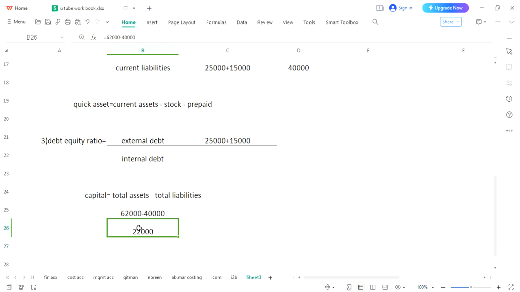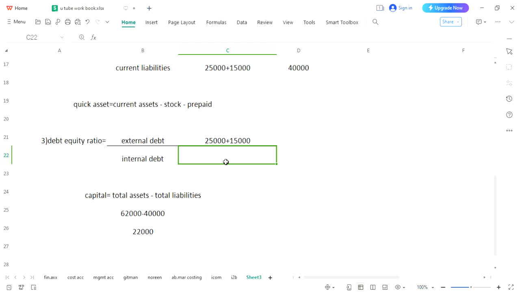Capital, amount of capital we have got over here 22,000. So in this way, please note it down. Internal debt. Internal debt means shareholder fund. Shareholder fund means capital. So capital we have calculated how? By subtracting total liabilities from asset, difference would be your capital. So here we have got the amount.